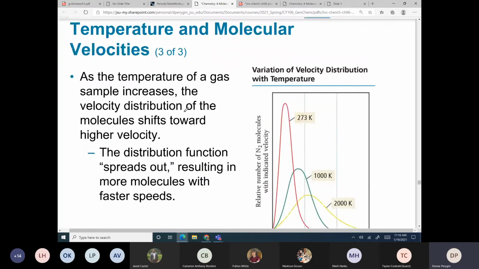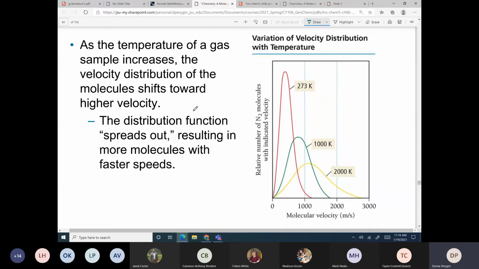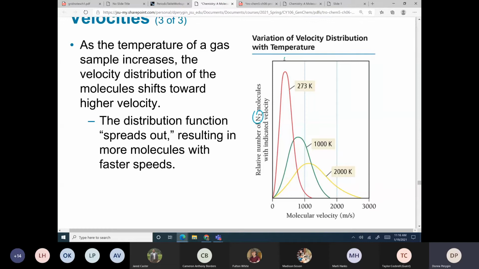All right, and so as the temperature of a gas increases, the velocity distribution of the molecules shifts toward higher velocity. So we're talking here about nitrogen. Molecular velocity is going to increase as temperature increases.